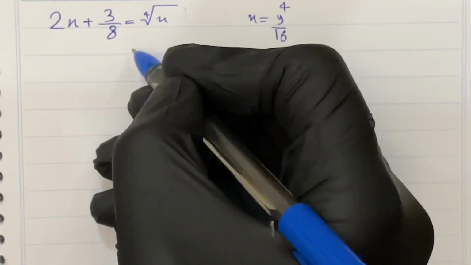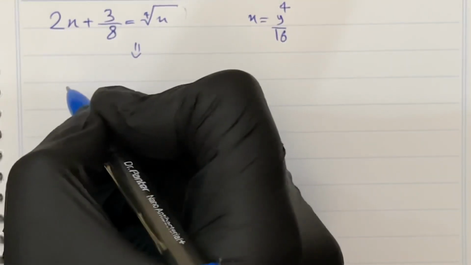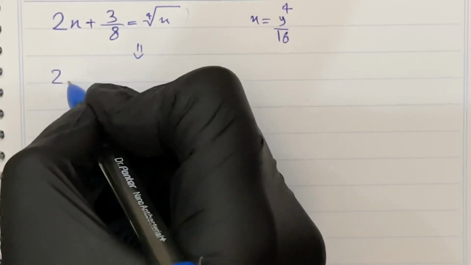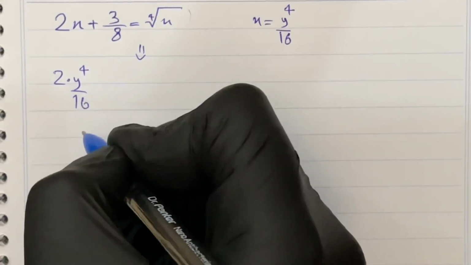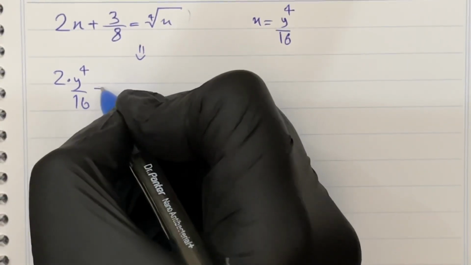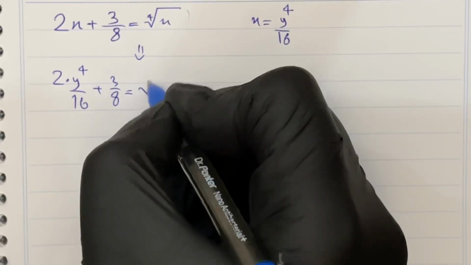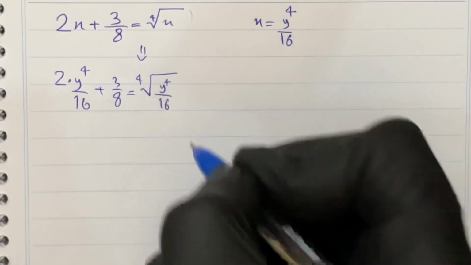So what would be after the substitution? It would be 2 times y^4 over 16 plus 3 over 8 equals radical of 4 over y^4 over 16.